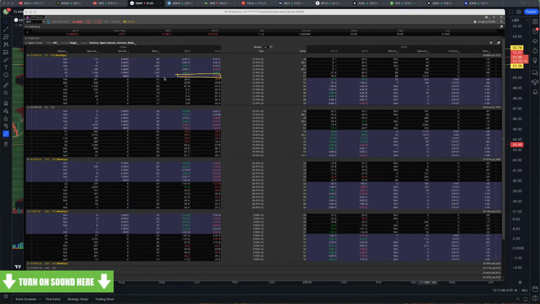So if we buy one of these contracts, it's going to cost us roughly $100, probably $103 if you go to the middle, because here's your bid and here's your ask.